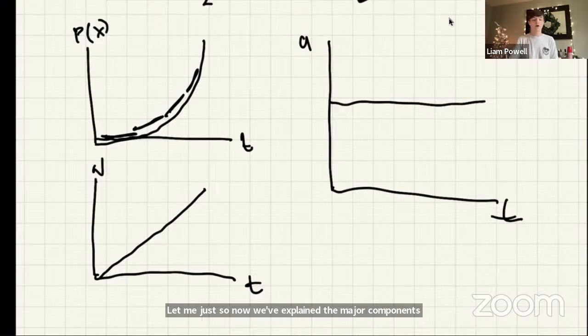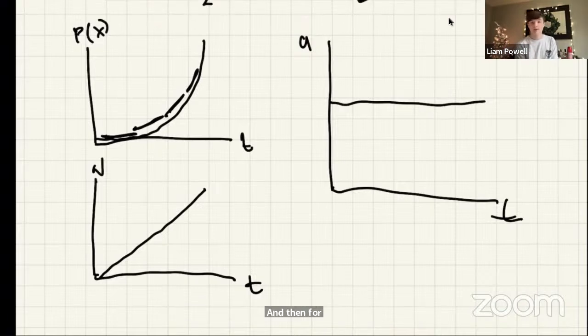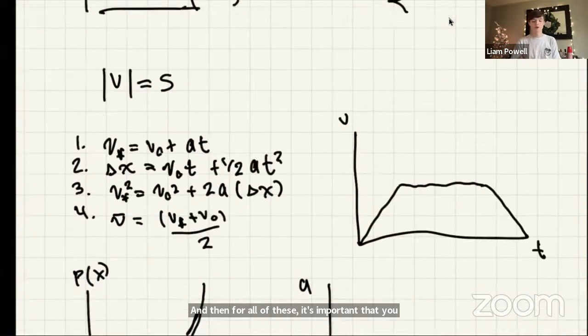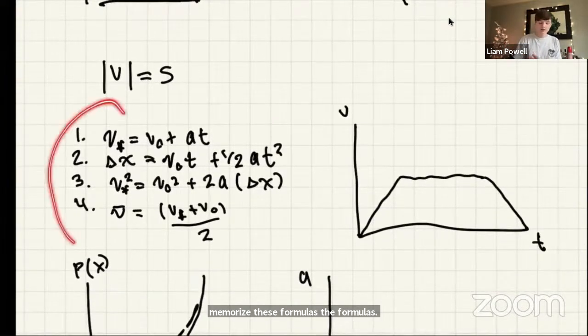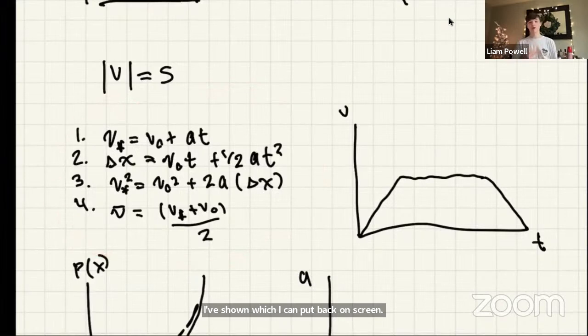For all of these, it's important that you memorize the 4 formulas I've shown, which I can put back on screen now, because these formulas are critical for all of our future calculations. Even as we'll eventually see in Unit 8, rotational motion uses the same formulas, but with different variables.